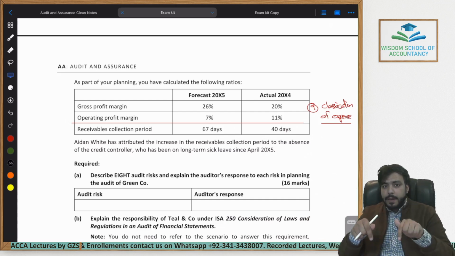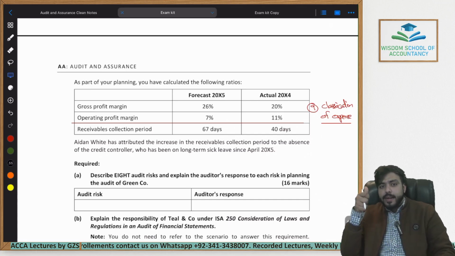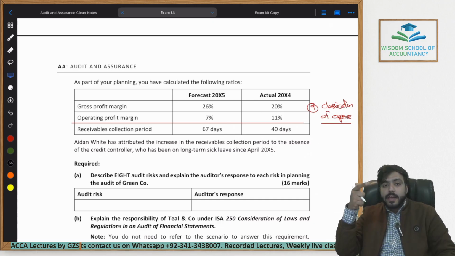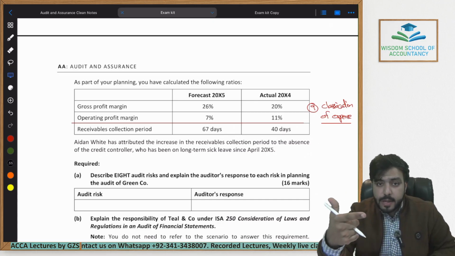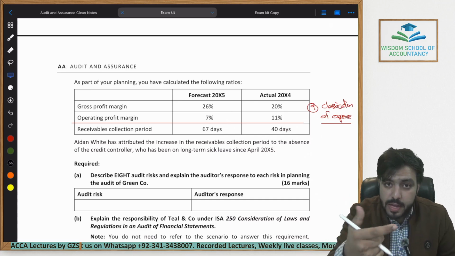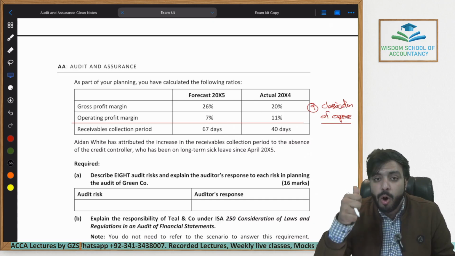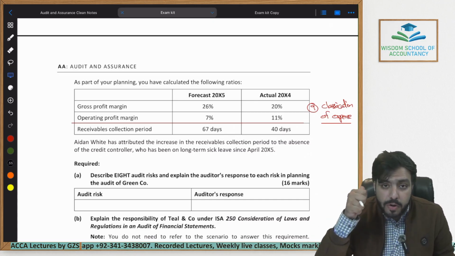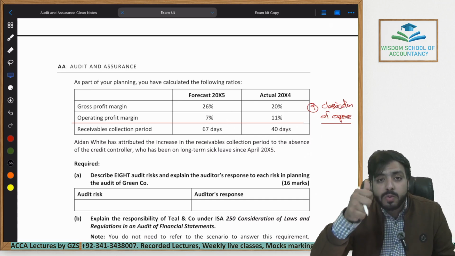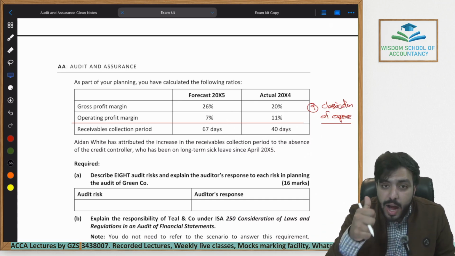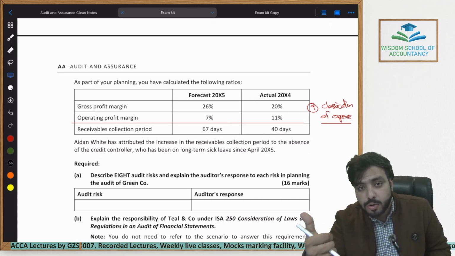So as a company, you have to follow a standard that says that if your receivable days are increasing and you have a doubt that some of your customers will not be able to pay, you have to record bad debt expenses against them. The proper term for bad debt expenses is allowance for receivables, because there is a chance that those customers will not be able to pay you back.